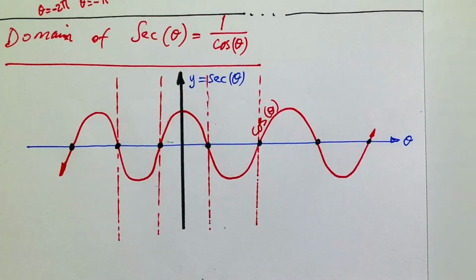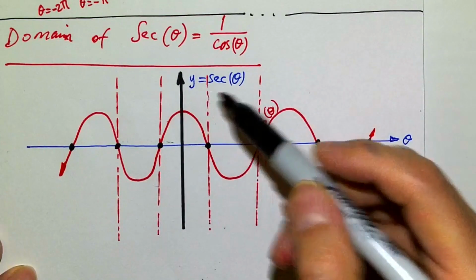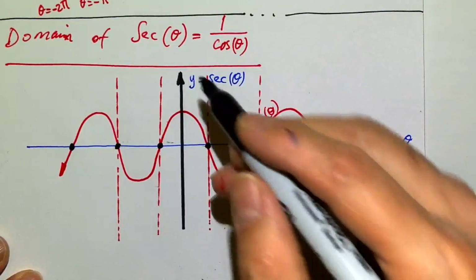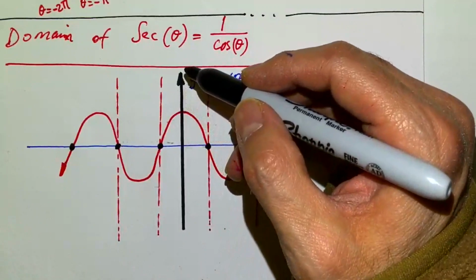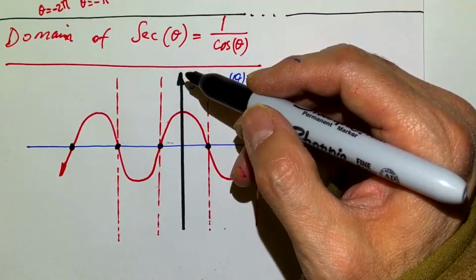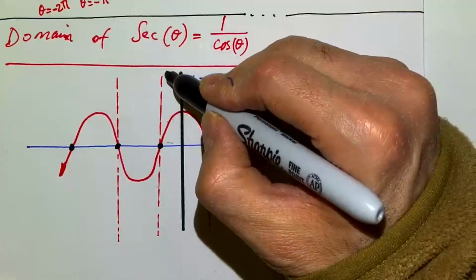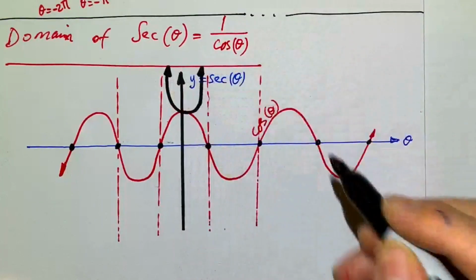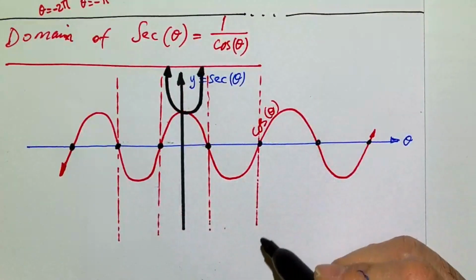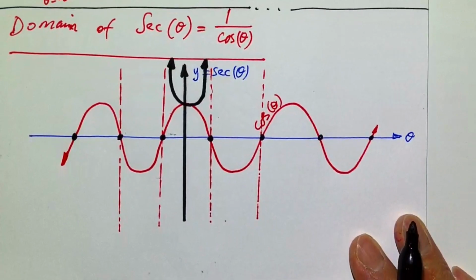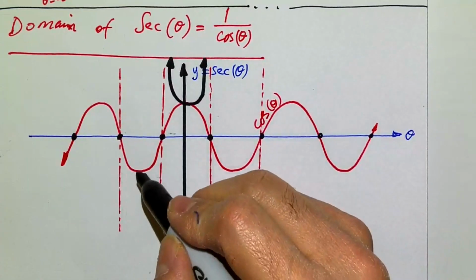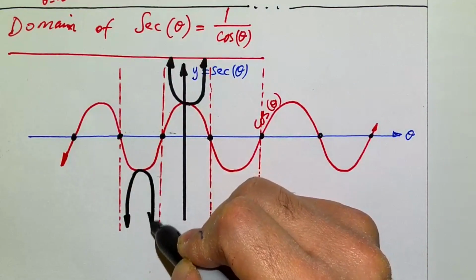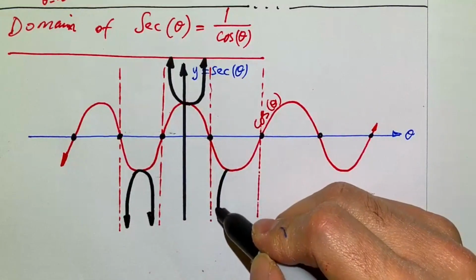Okay, now the secant function will be in between these asymptotes. So we will have one curve here. We will have one curve here. Let me move this up a little bit. We will have one curve here, like this. One curve here.